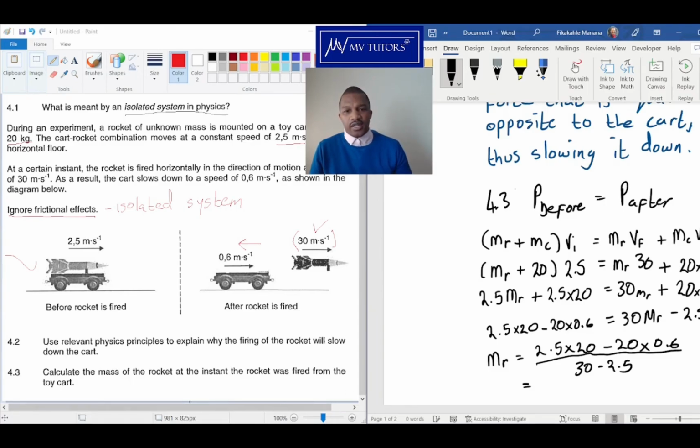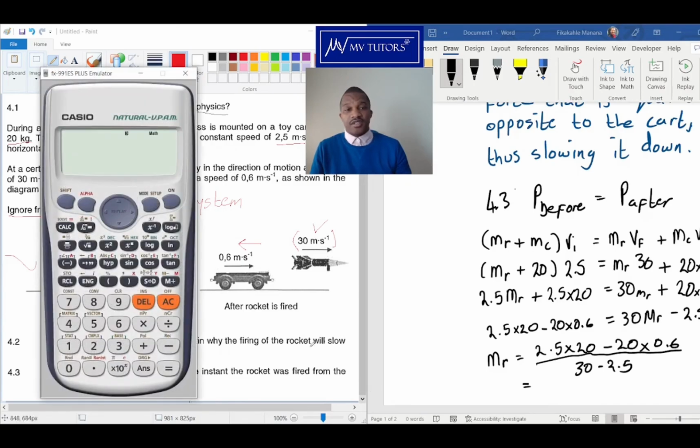Alright, let's get a calculator and see what that actually gives us. I'm going to put a fraction, and then on top I'm going to put 2.5 times 20 minus 20 times 0.6.